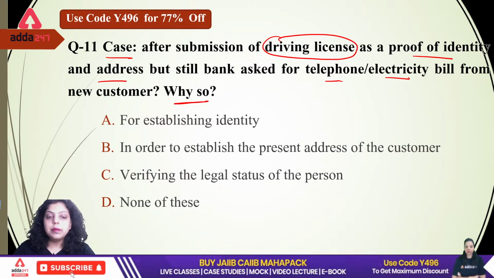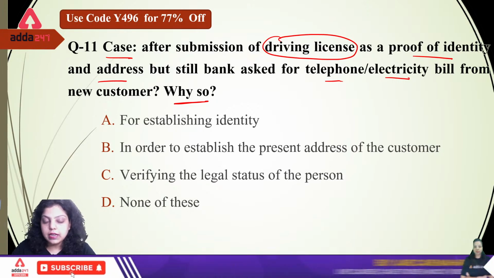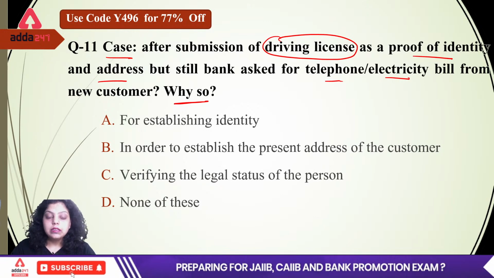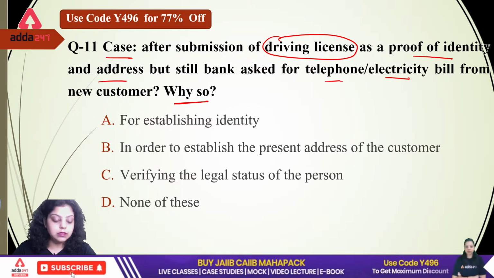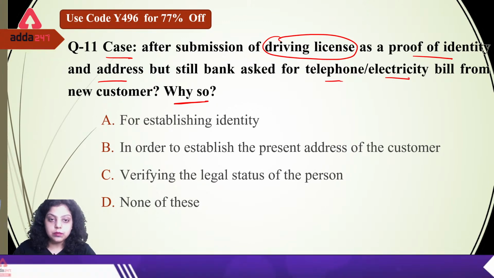First is saying, is it for establishing identity? Second, in order to establish the present address of the customer. Third is verifying the legal status of the person, or fourth is saying none of these. So which of the following will be right?